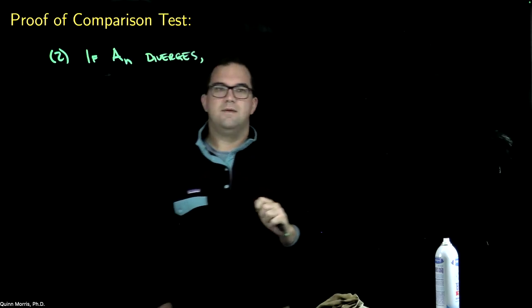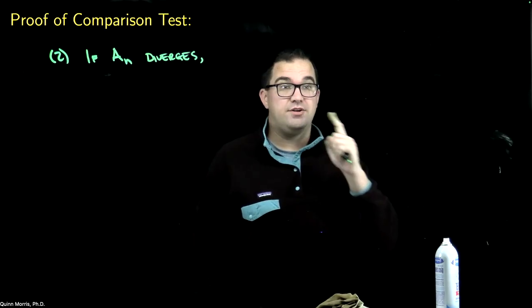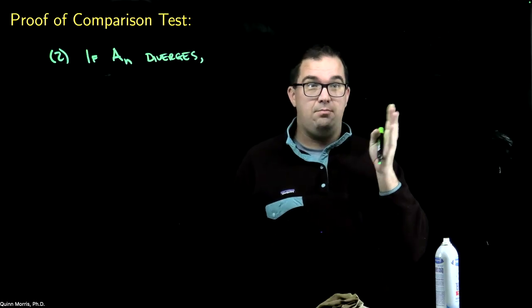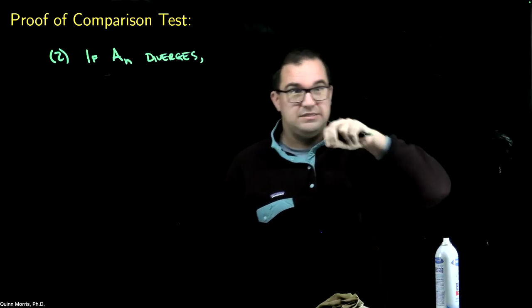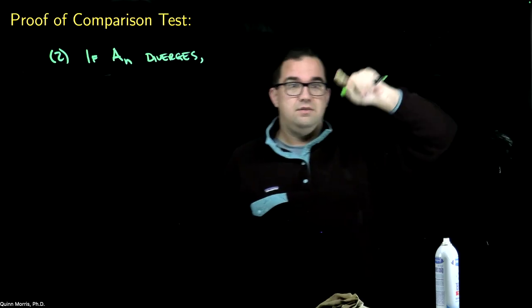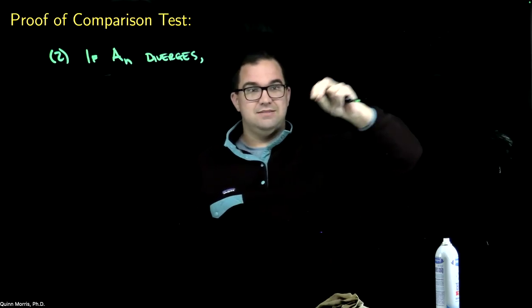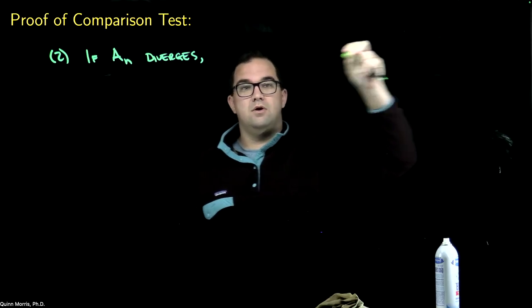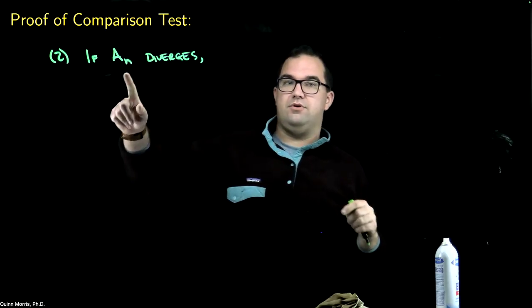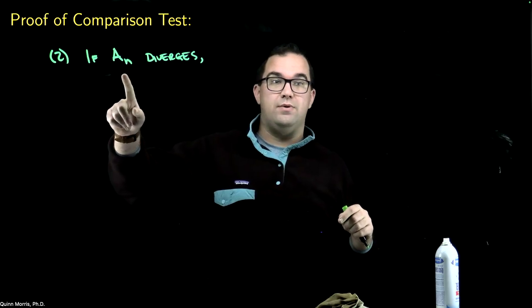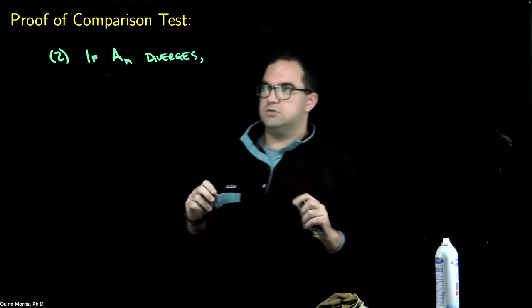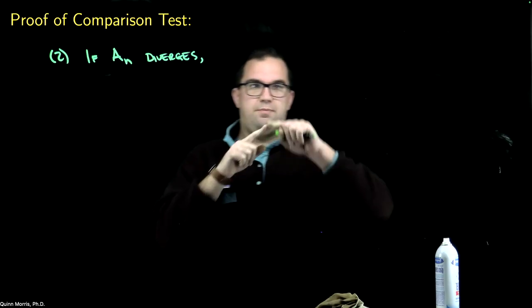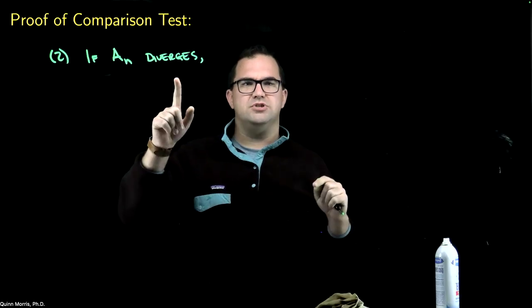let's think about this. AN is monotone, right? AN is still monotone because we're just adding on positive terms every time. So the little a sub n's, the terms in the series, are getting added in to give us our next term in our sequence of partial sums. So our sequence of partial sums is monotone, but it diverges.